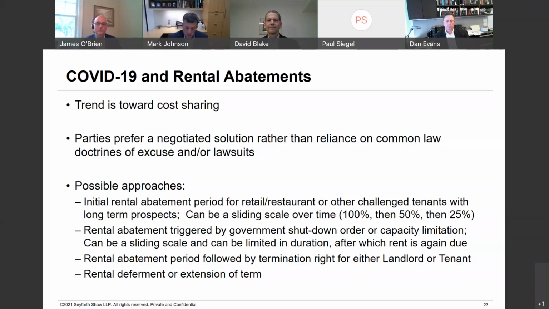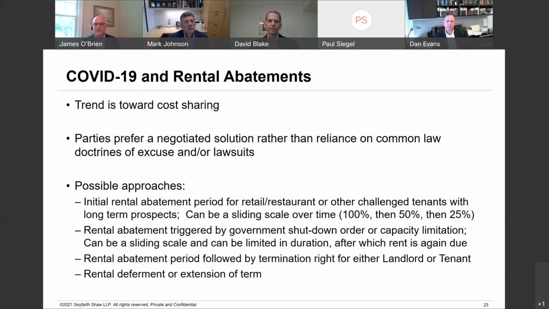So the trend is really toward cost sharing. Both parties sharing a little bit in the pain for something that really is outside of both of their control. So some things I've seen recently: an initial rental abatement period for a retail or restaurant operator, or other tenants that are challenged, but they want to get in the space and they've got good long-term prospects.